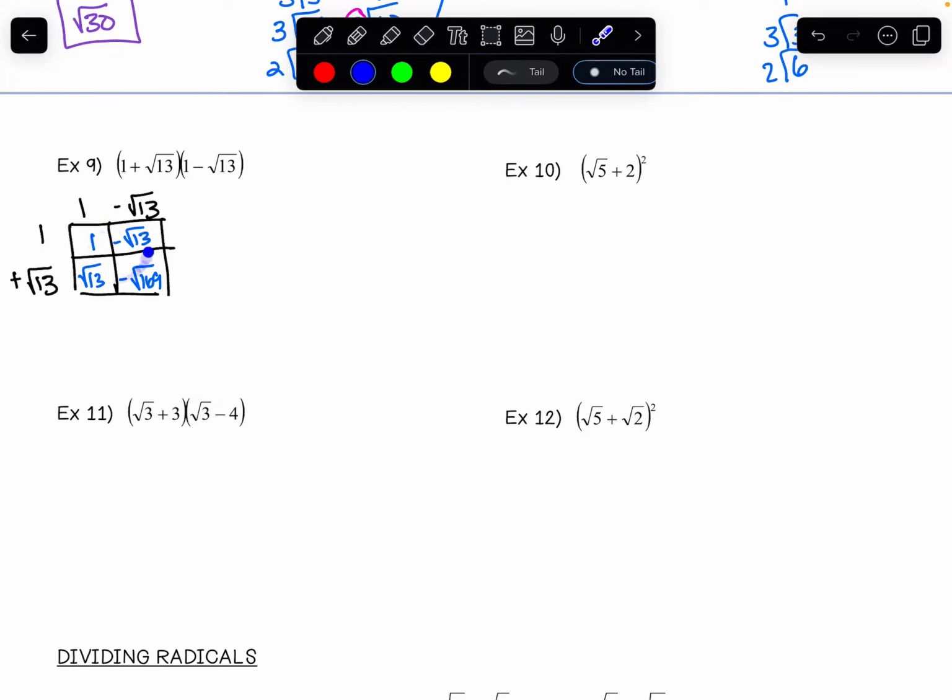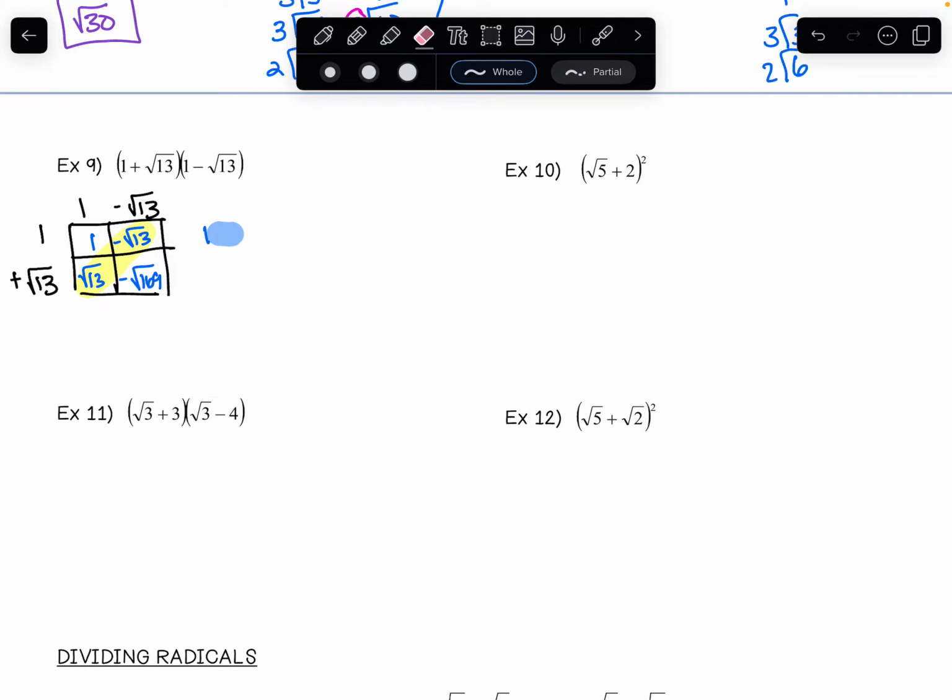So now let's take what we have inside of our area model, and we are going to go ahead and combine like terms and simplify. So I have 1. What's the square root of 13 minus the square root of 13? 0. So I'm not going to include that as a part of my answer because they cancel.